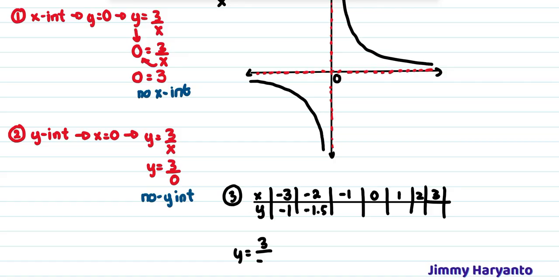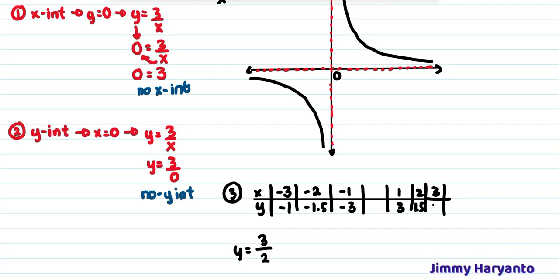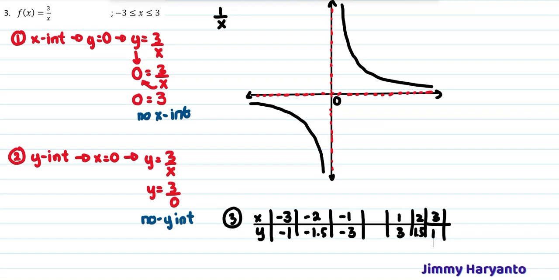For x -1, it will be -3. For x 0, of course we cannot because it's undefined, so let's remove 0. Then if the x equals 1, the y will be 3, 2, 1.5, 3, of course 1. Okay, so we already have our table. We only have to plot the points.